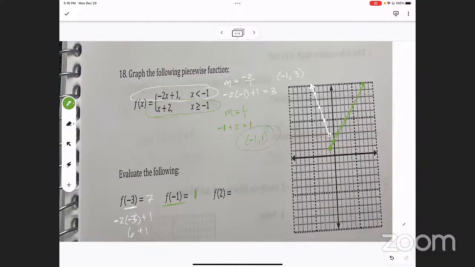It was 1. And how about 2? White or green? Green, and so can you do that in your head? 4. Good. Again, you could just look at the graph and go 2 over, 4 up, done. So that's piecewise functions.